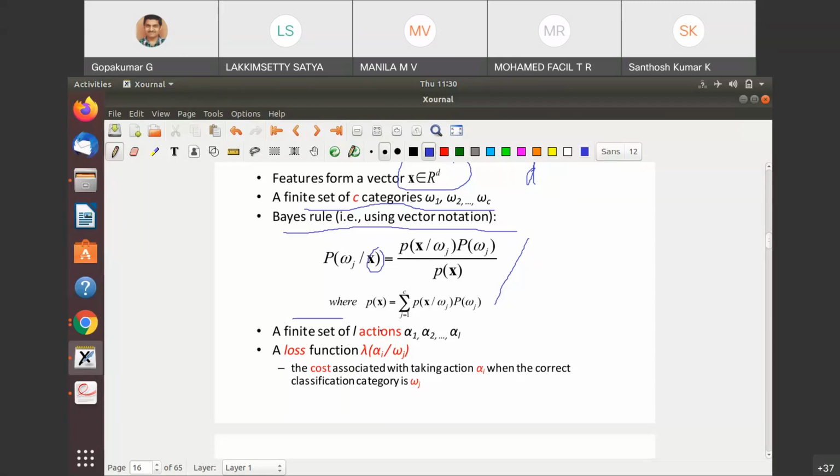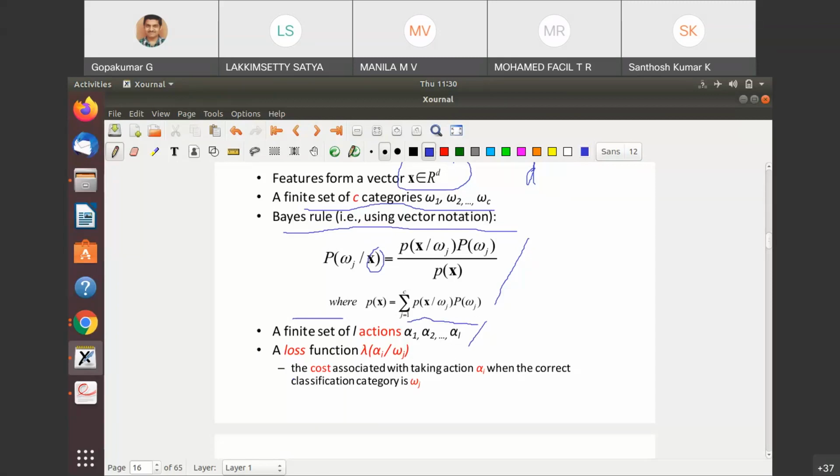Suppose we define that we have alpha 1, alpha 2, alpha 3, etc. to alpha L. So there are L actions, and again we are generalizing it.